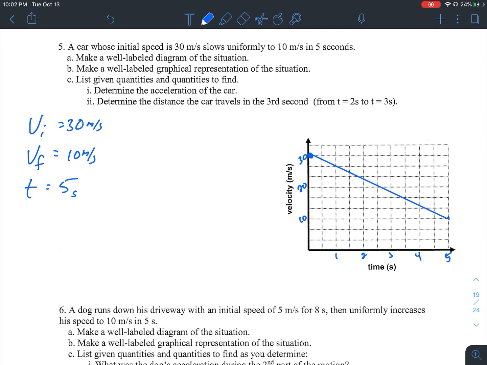The acceleration we can either get from the slope or by definition of change in velocity.